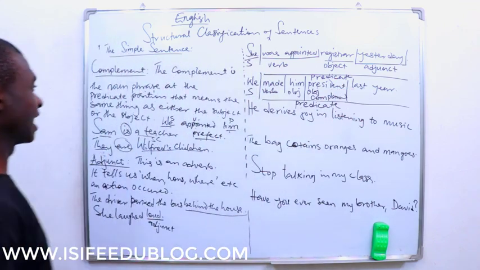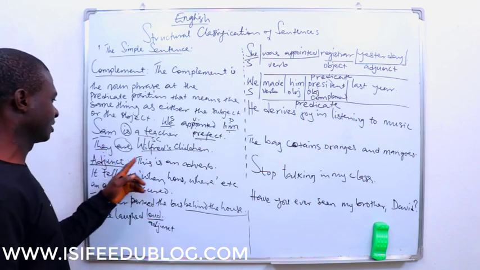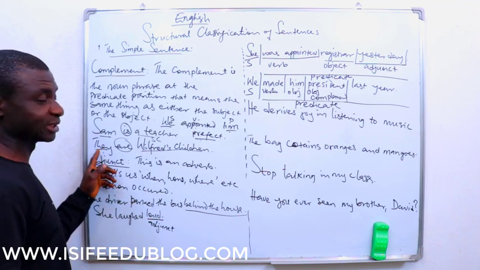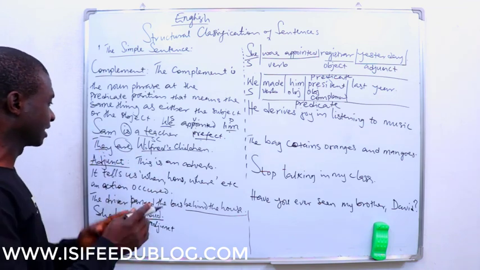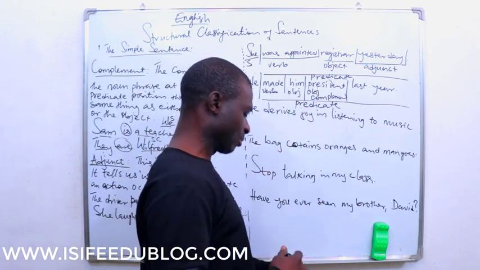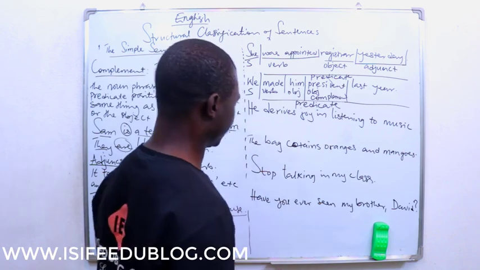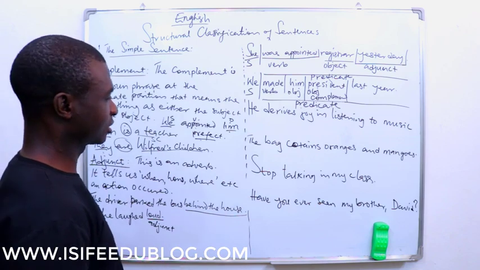Remember that here we had seen subject complement when the subject means the same person as the complement. The complement and the subject are the same. But in this case, the object and the complement are the same. That's why we call president object complement.